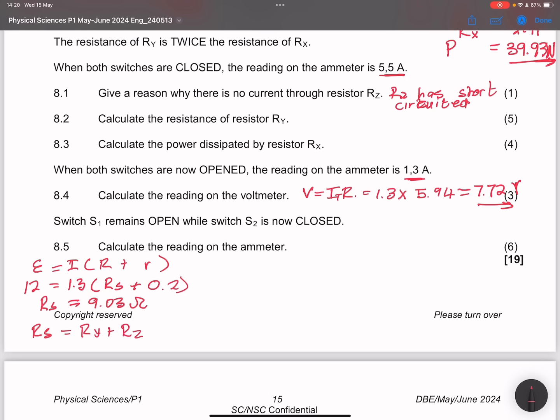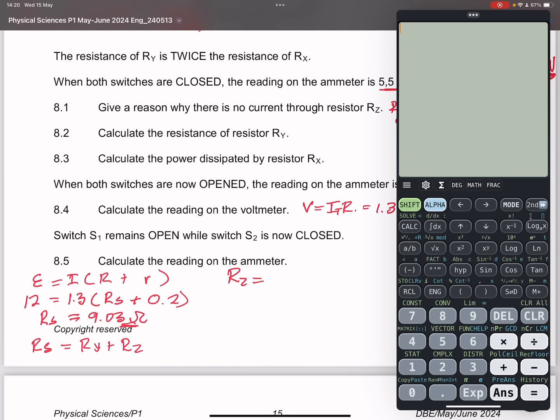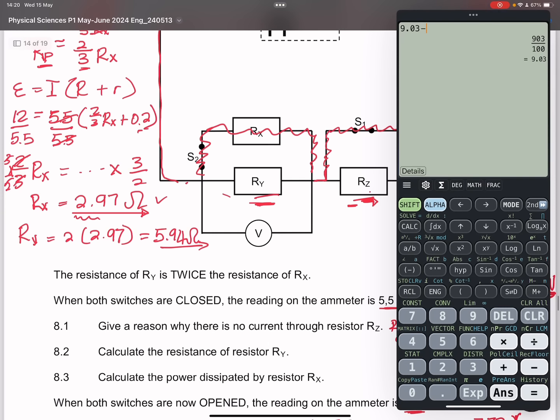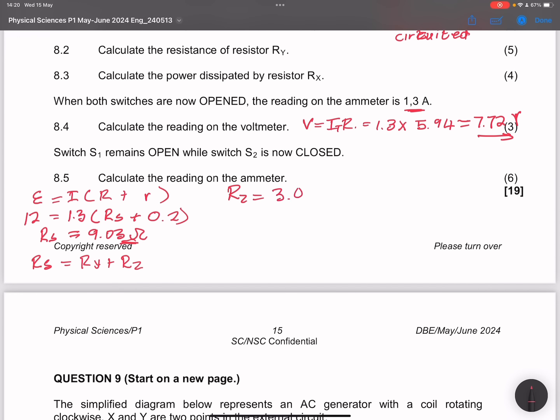We know the value of R series, so Rz would be 9.03, which is the total resistance, minus the value of Ry, which is 5.94. That gives me 3.09. So Rz is 3.09 ohms, the resistance of that resistor.